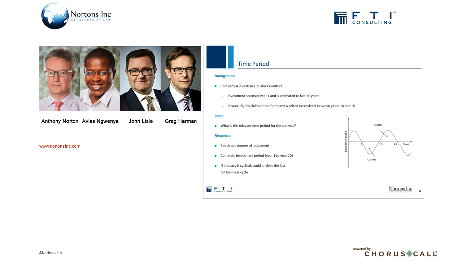Was I excessive over 20 years? But if you come along and say, I'm only going to look at years 10 to 15, and I find that was a particular period of high profitability, well, that doesn't necessarily answer the question as to what the profits were before. Do I have a cycle? Should I take that cycle into account?